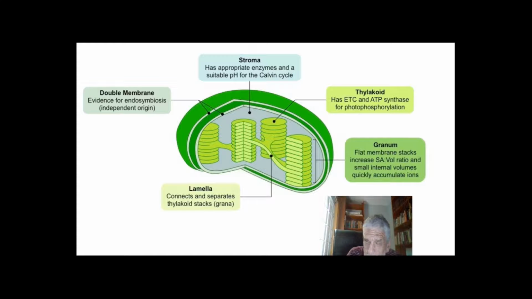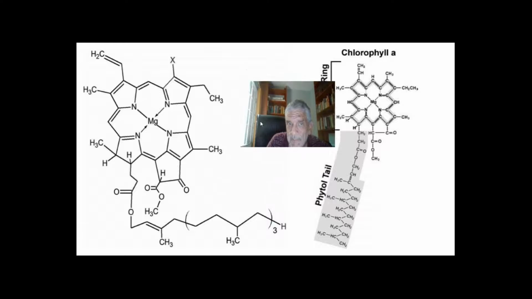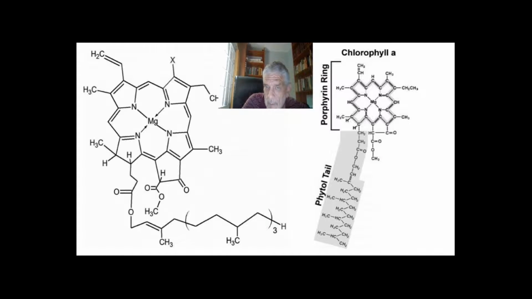So we're going to look at the structure of a chlorophyll molecule. And a chlorophyll molecule looks like this. You have a phytol tail and a porphyrin ring. The porphyrin ring is totally flat, and that's because these carbon atoms are all sp2 hybridized.